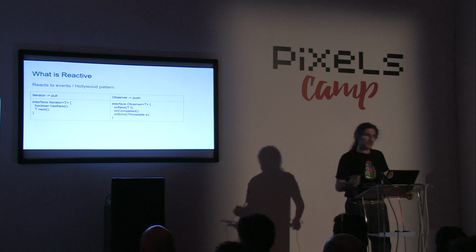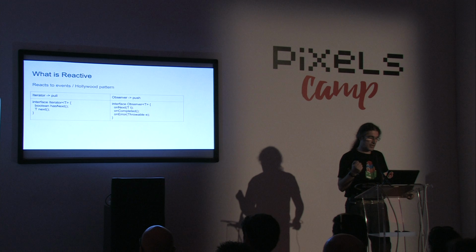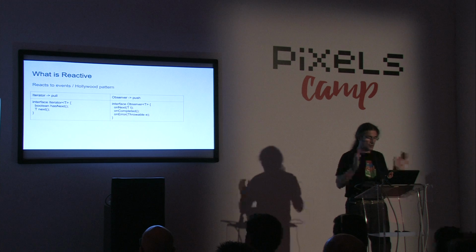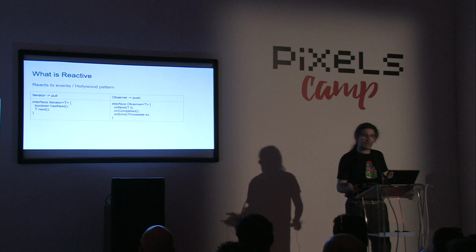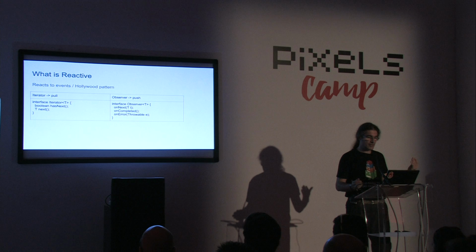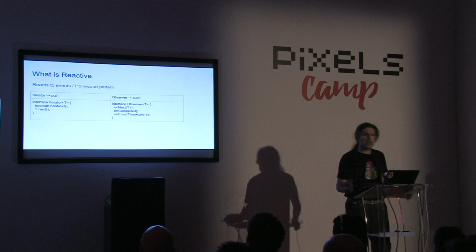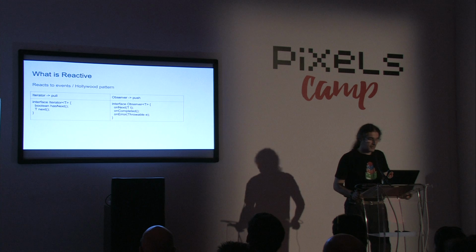So you have to check if the collection still has more elements, and if it answers true, you get the next element. That's pull. You are actively taking stuff out of the collection. The dual, the push, is the observer pattern, where something happens and it calls upon you, also called the Hollywood pattern, as in don't call us, we'll call you.